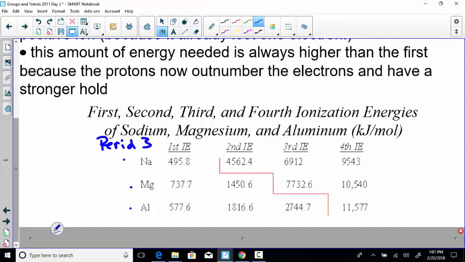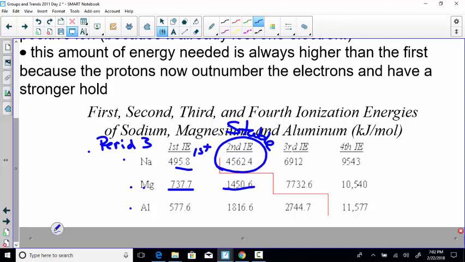Sodium, because it's a group 1 element, doesn't take much to lose its first electron. But to lose its second, notice the big jump. The reason for that big jump is because it was stable at this point, and it did not want to lose that next electron. It reached stability.